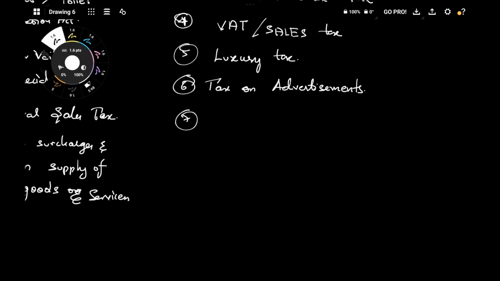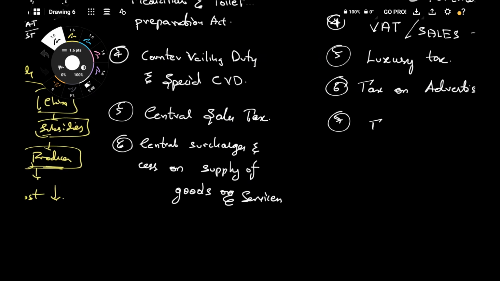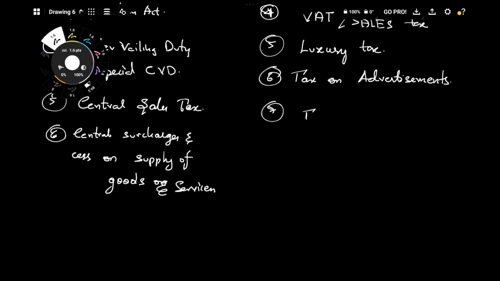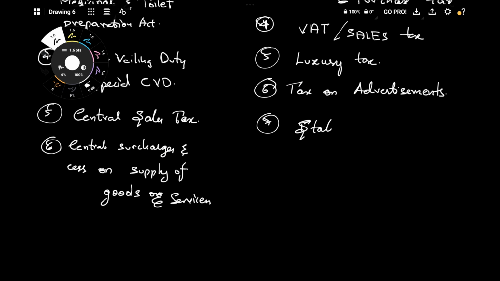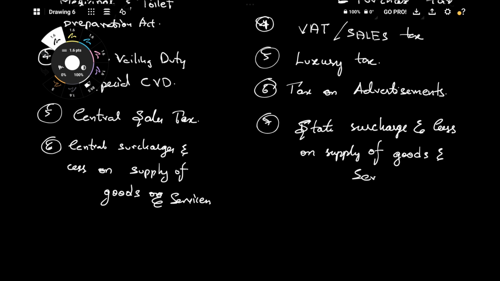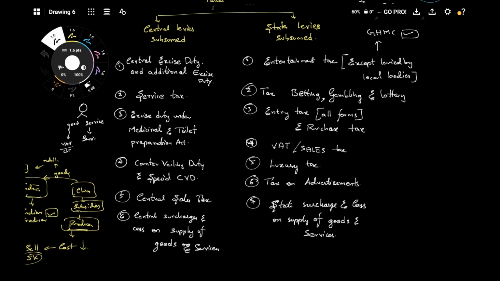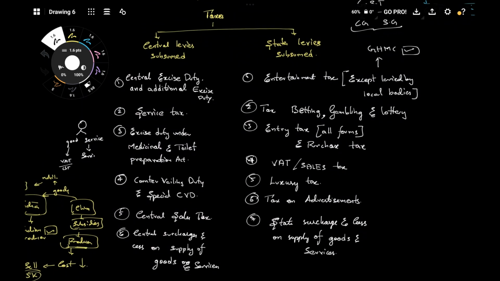Now it is subsumed into GST, along with all the state surcharges and cess on supply of goods and services. I hope it is very much clear now. These are all the taxes that have been subsumed into GST.